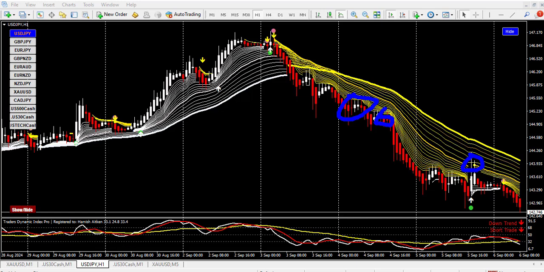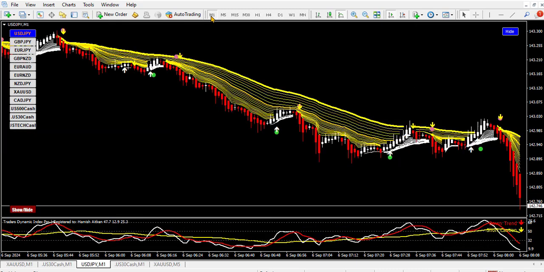But let's go back to 1 minute if you're a scalper, and let us trade in the direction of this particular trend. It is established on 1 hour time frame that we have a downward trend. So we'll go back to lower time frame and scalp in the direction of this particular trend.